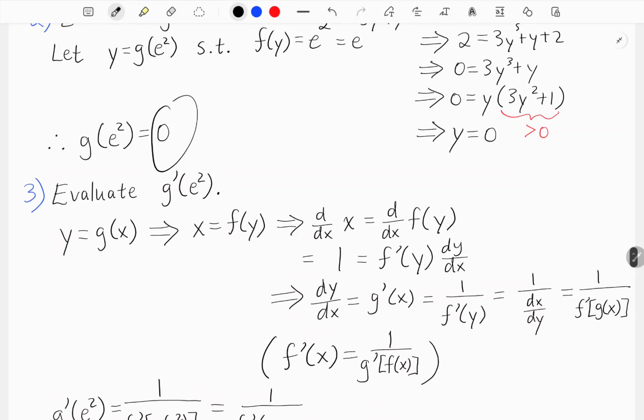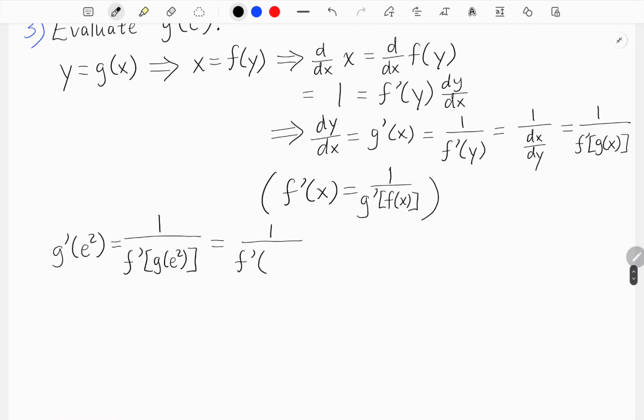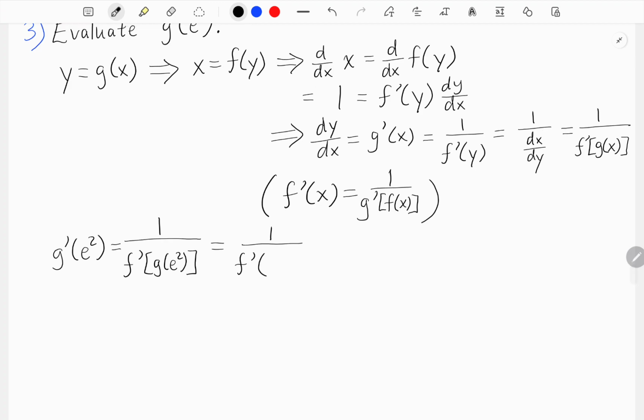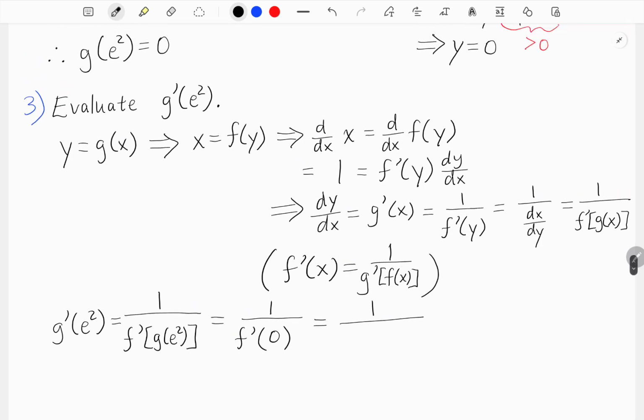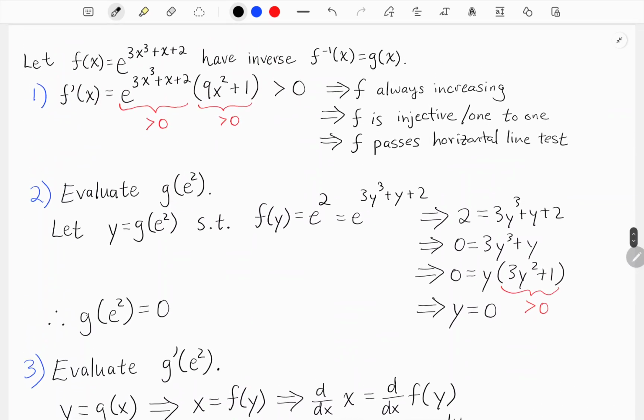Well, y is 0, which we found earlier, or g of e squared is 0, right? The value for y when x is e squared is 0, so f prime of 0, which equals 1 over, well, f prime, we kind of solved that in the first question.